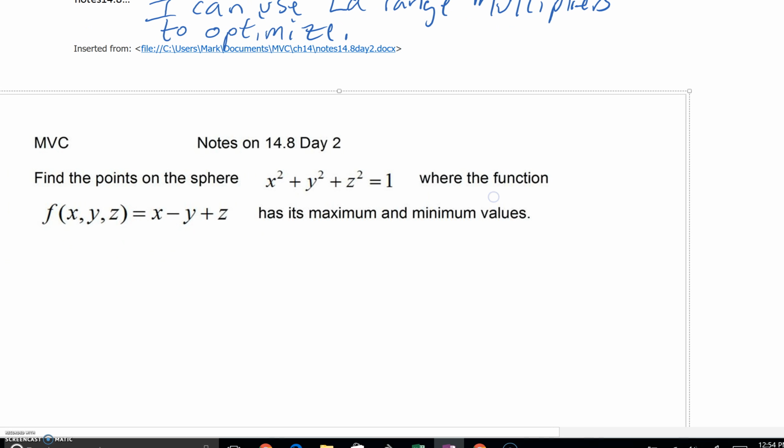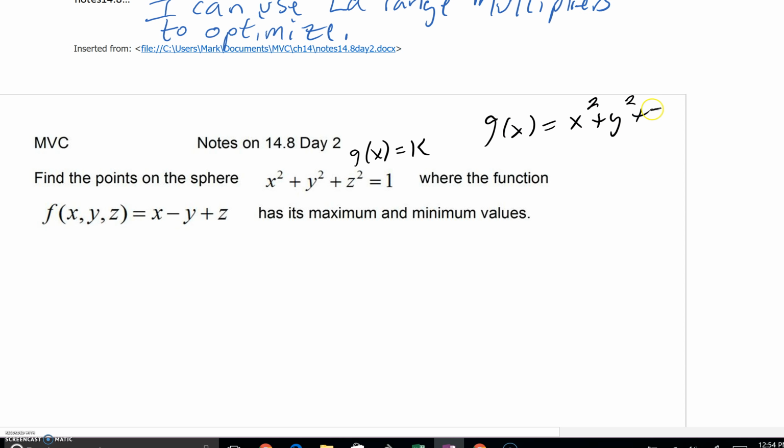You're given a function, and usually when you see this level curve, like g of x is equal to a constant, it's a constraint. Your g of x in this problem is going to be x squared plus y squared plus z squared. That, of course, is the equation of a sphere, as we just read earlier.